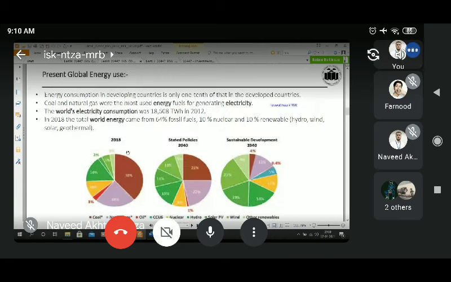So now we come to the present global energy use. Energy consumption in developing countries is only 1/10 of that in developed countries.